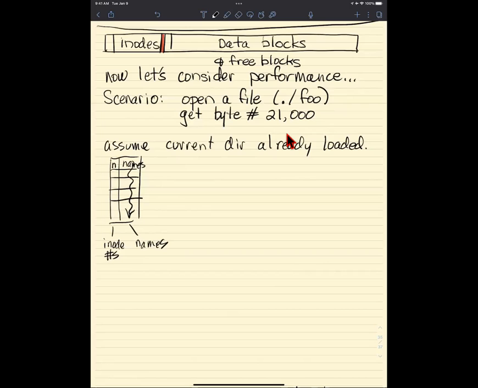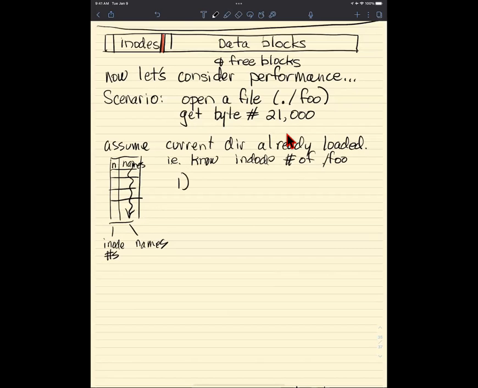But let's ignore that. So let's pick this up at the point in which we know the inode number of foo, /foo.